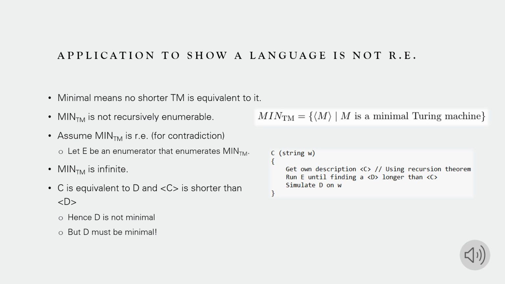So because we're assuming min is recursively enumerable, there is an enumerator that enumerates the elements of min.